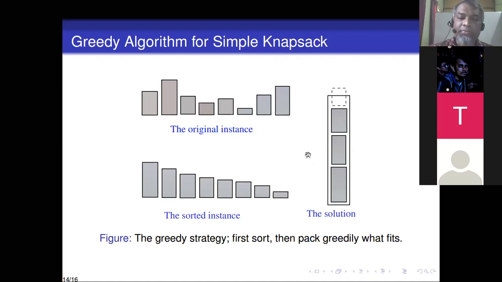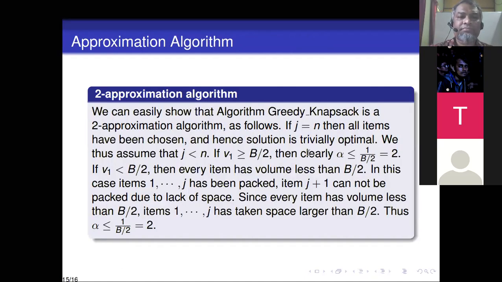Very simple algorithm. Now, we will claim that this algorithm is a two-approximation algorithm. Why is this a two-approximation algorithm? We can easily show that the algorithm greedy knapsack, this is the name of the algorithm, is a two-approximation algorithm as follows.